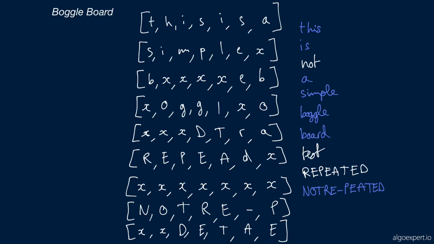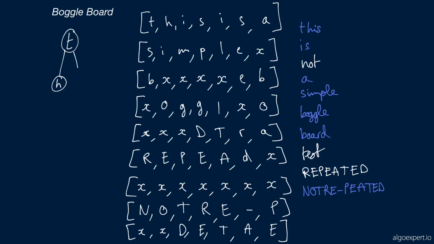You can imagine that at the root node, it would have the letter T as one node, because we've got the word this and we've got the word test, both of which start with a T. And then this T would point to an H for the word this, and it would also point to an E, because we've got an E in the word test.